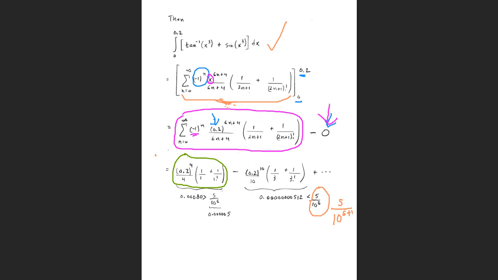That's going to give you correct to 5 decimal places. So this definite integral is approximately equal to 0.00080.